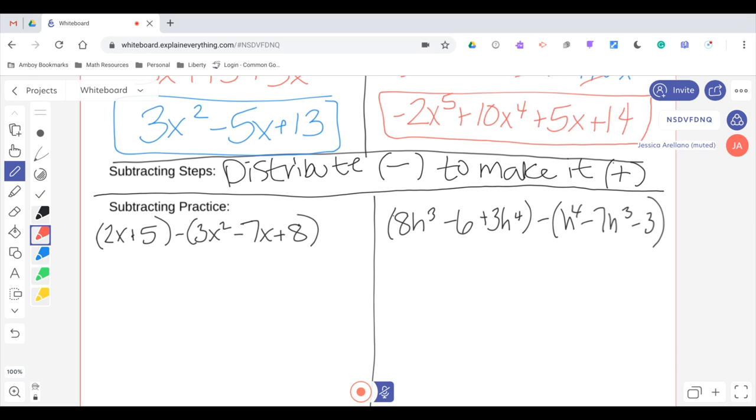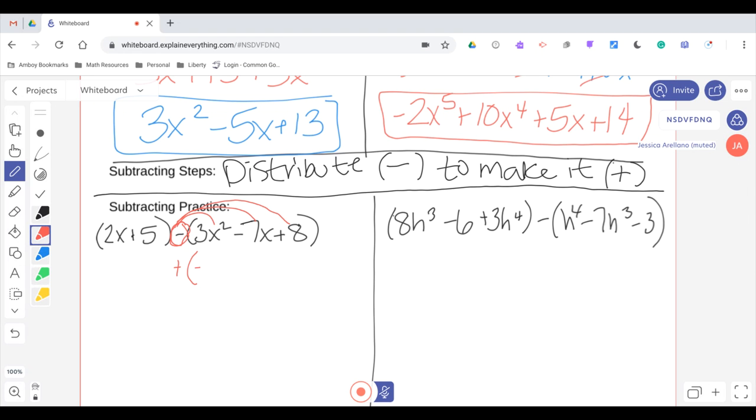So the best thing to do is to take this negative and pretend it's a negative 1, and distribute it inside. That will turn the minus sign into a plus sign, and everything inside the parentheses will switch whether it was positive or negative.